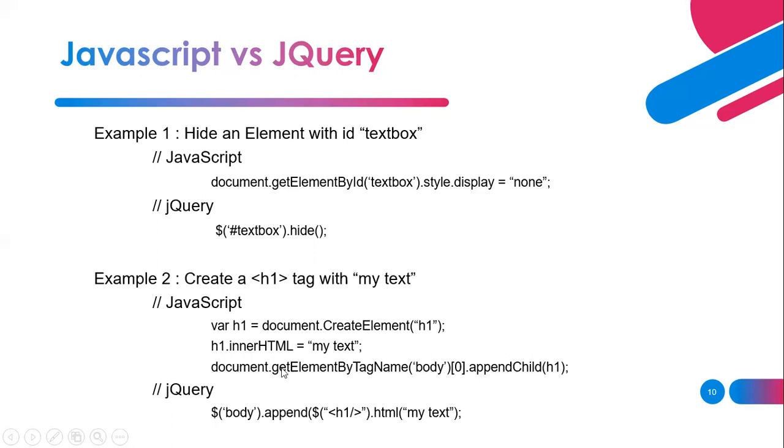After that, we add this h1 and the text using getElementsByTagName body. So why is there body here? If you still remember in the DOM, when we want to add something, we must know which element is the parent and which element is the child.